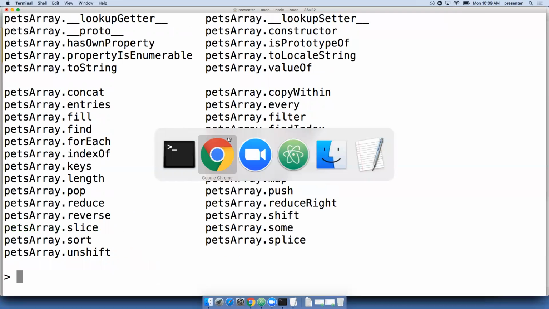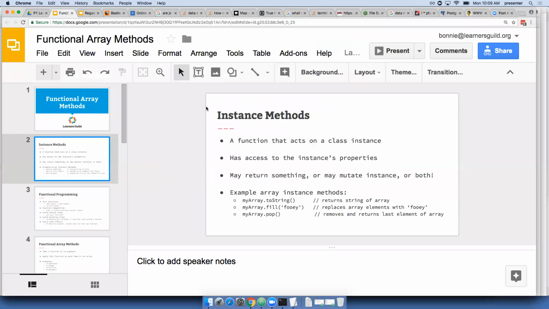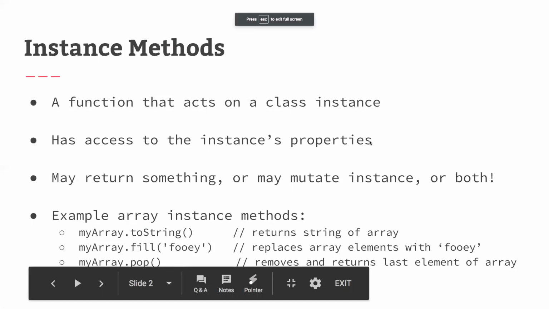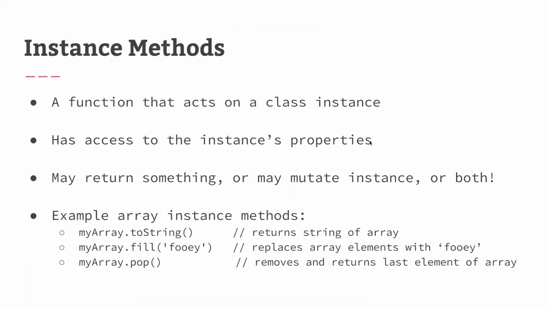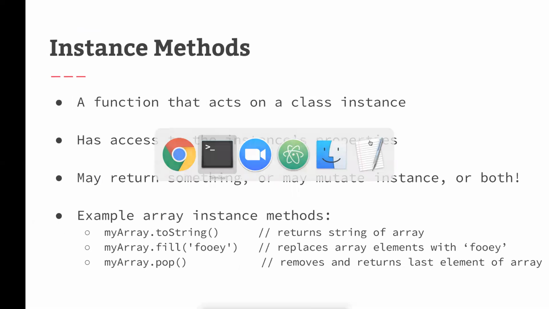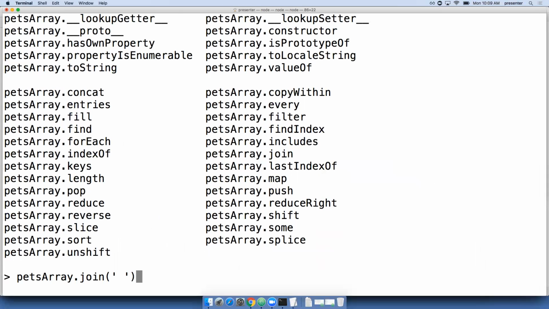Okay, so cool. So now that we've got some of that vocabulary, an important thing is that it has access to the instance's properties. It's really just like when I do pets array dot join here, it's like pets array as an argument to the join, right?